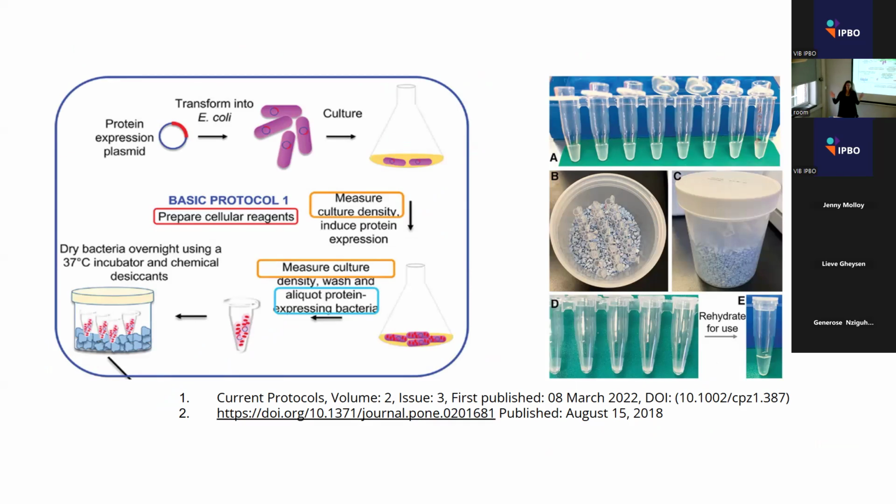And no freeze dryer, anything like that. It's just a pot with some desiccant in it. So I think this is calcium carbonate. We use silica beads in my lab, but this is the Ellington Group's protocol. So any desiccant, stuff that you put in packages to stop things getting too damp.